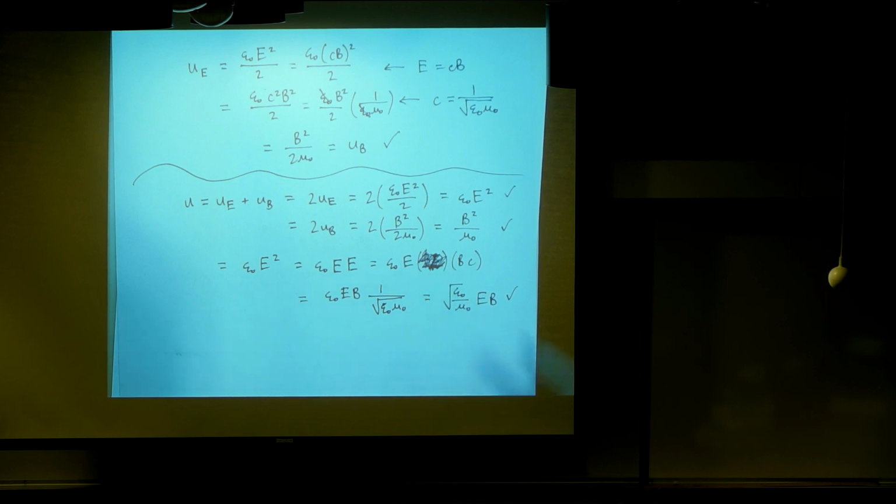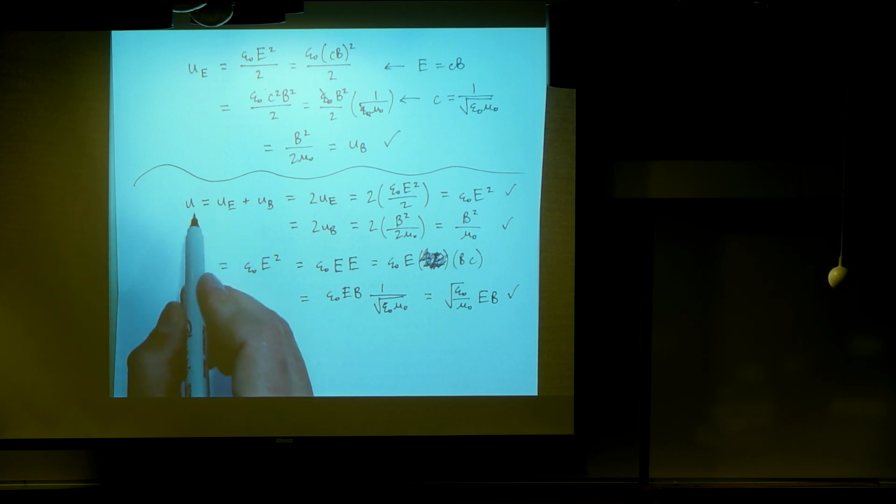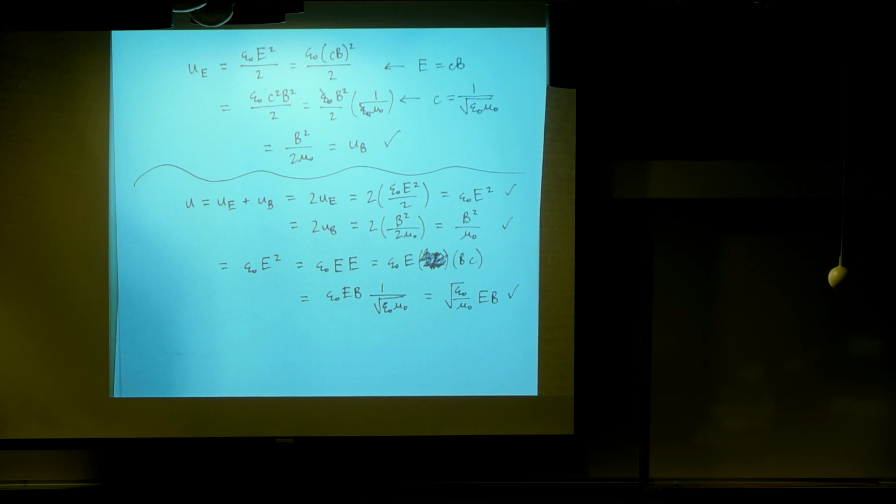So all three of these expressions work, it just depends on what information you know as far as which one you want to use, okay? And it's the magnetic plus the electric energy density giving you the total energy density in the wave. All right, so yeah, any questions on that? It's just some algebra, right?